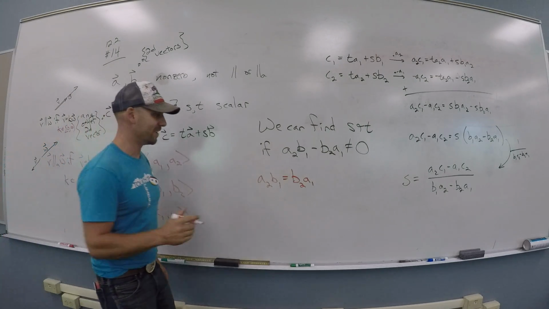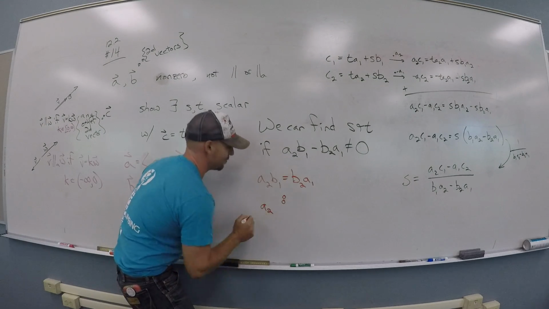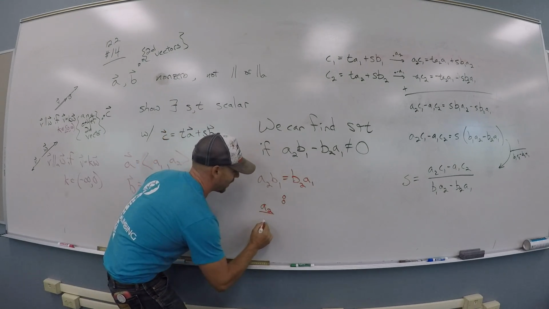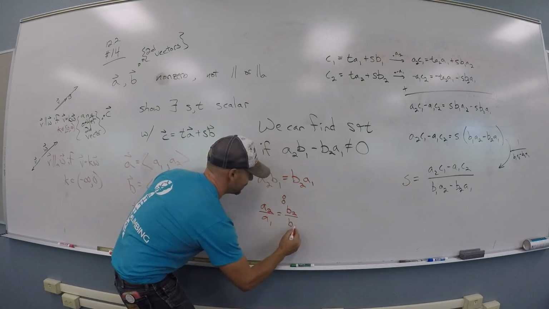It would maybe be easiest to think of this as A2 divided by A1 equals B2 divided by B1.